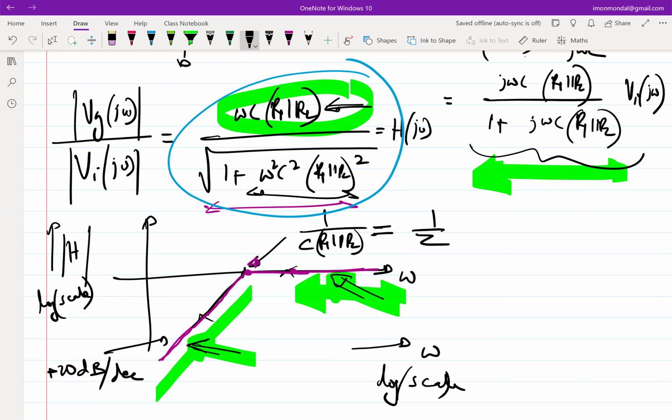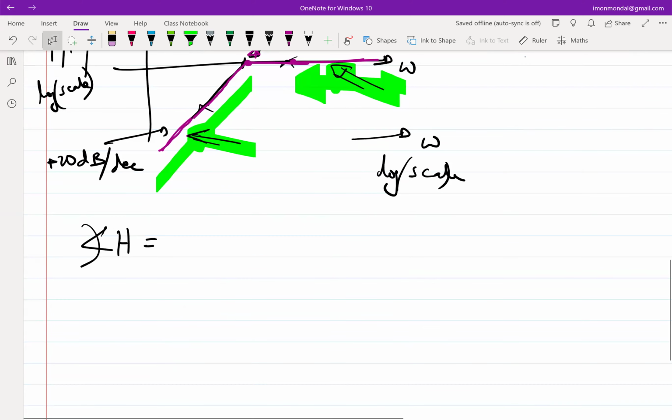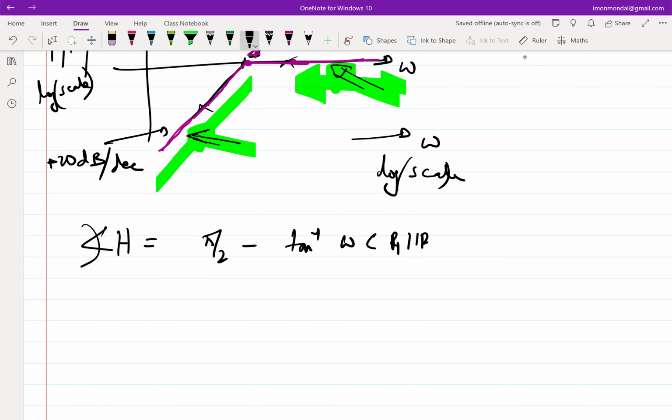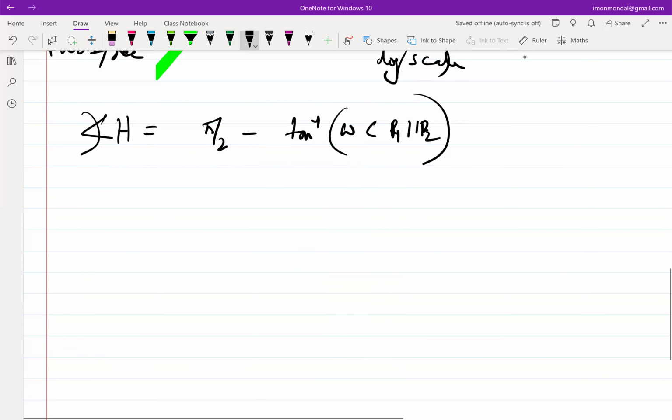The phase is the phase of the numerator minus the phase of the denominator. The phase of the numerator is 90 degrees, no real part, only imaginary. The phase of the denominator is tan inverse of the coefficient of j divided by the coefficient of the real part. So it is pi by 2 minus tan inverse of omega C times R1 parallel R2, and that will be your phase.